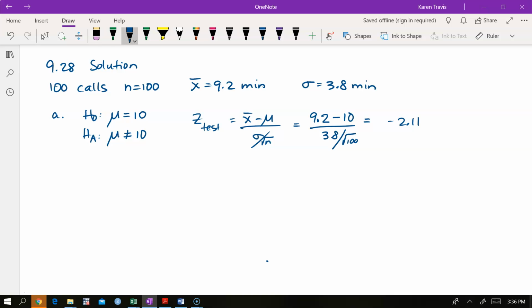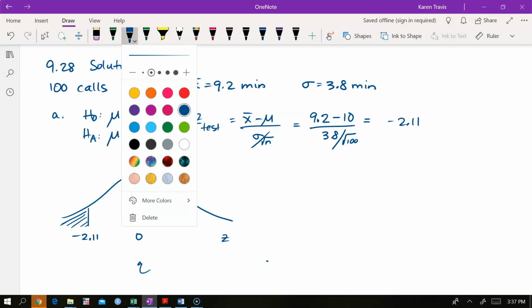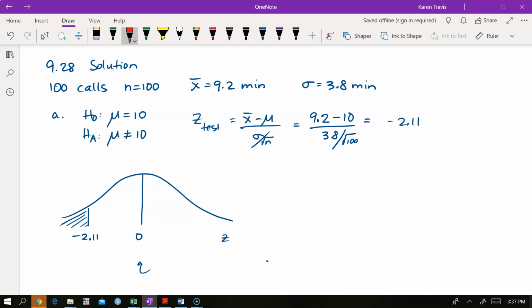Now what we need to do to find p-value is we put negative 2.11 here. This is a z-distribution. And remember, this signifies the null hypothesis. So what we had done before is we've looked farther away from the null hypothesis. So we would be thinking about the tail. However, this one has a little consideration that we hadn't talked about yet.